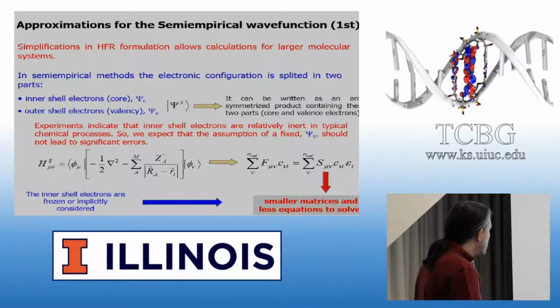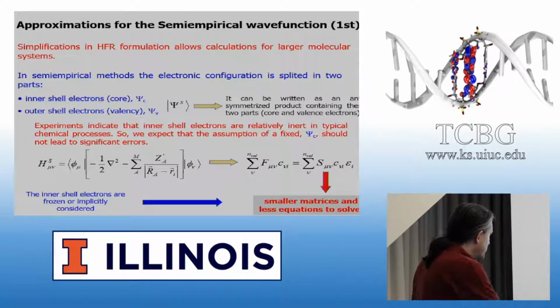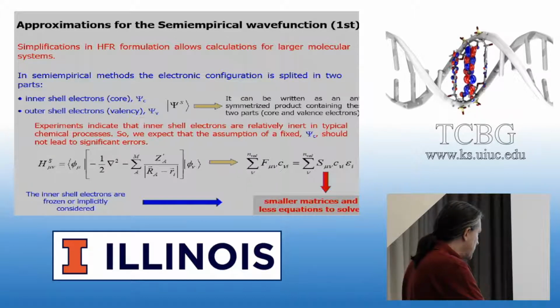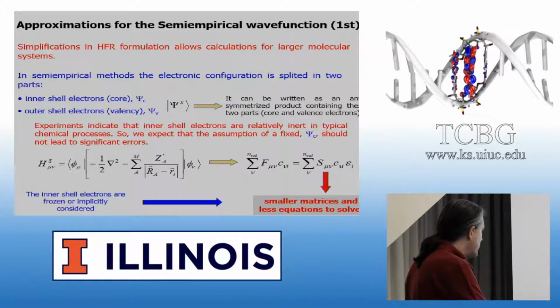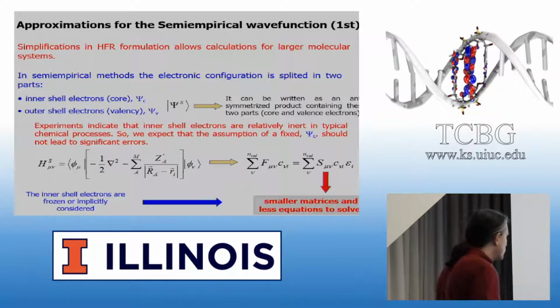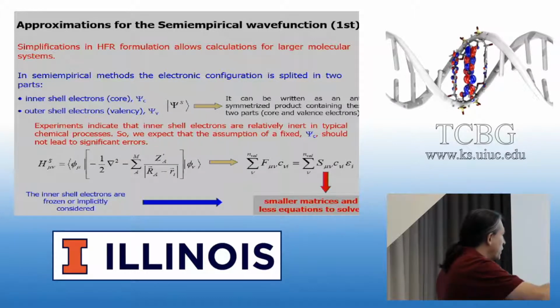But you consider the core electrons as part of the matrix element that accounts for the one-particle interactions, the one-electron interactions, and the inner core electrons participate as a potential source to interact with the nuclei and other electrons.